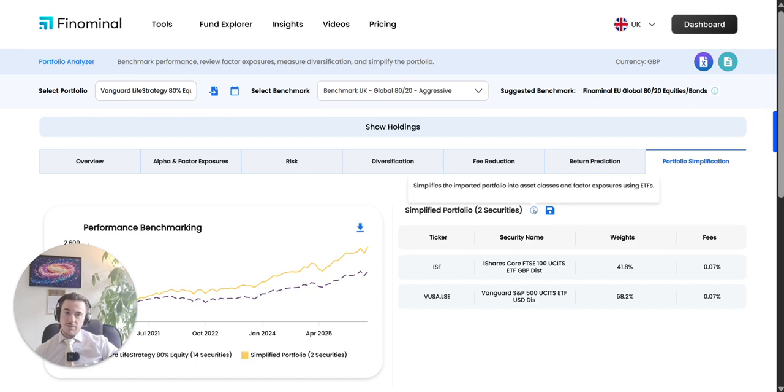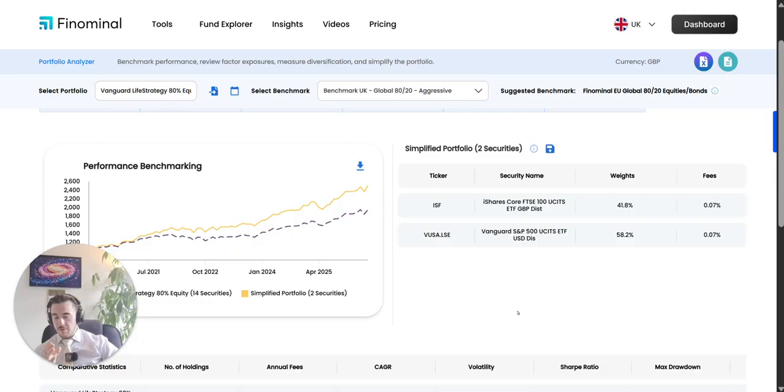This is based off asset classes and factor exposures. That's how it's able to do that. Obviously, it doesn't account for the fixed income element in that. And an even simpler version of that would be to just invest in the actual ISIN of the LifeStrategy fund, as this is a fund of funds portfolio.